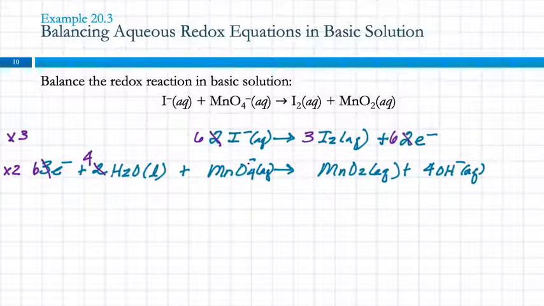This becomes 4. I have 6 electrons being released and 6 electrons being taken up. So now I can add this together.